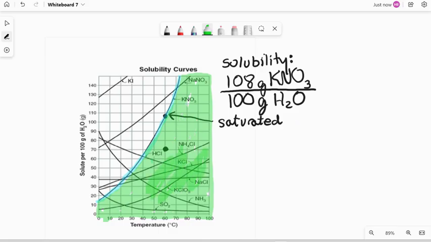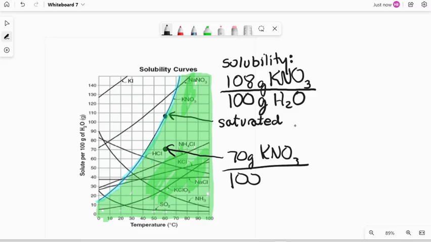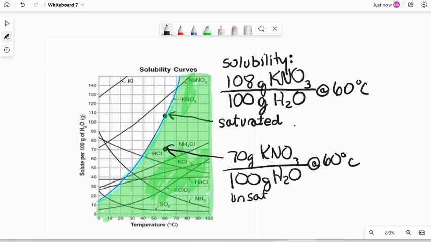So if I wanted to describe a solution that has 70 grams dissolved in 100 grams of water, I'm going to call this solution unsaturated, meaning that I could dissolve more.